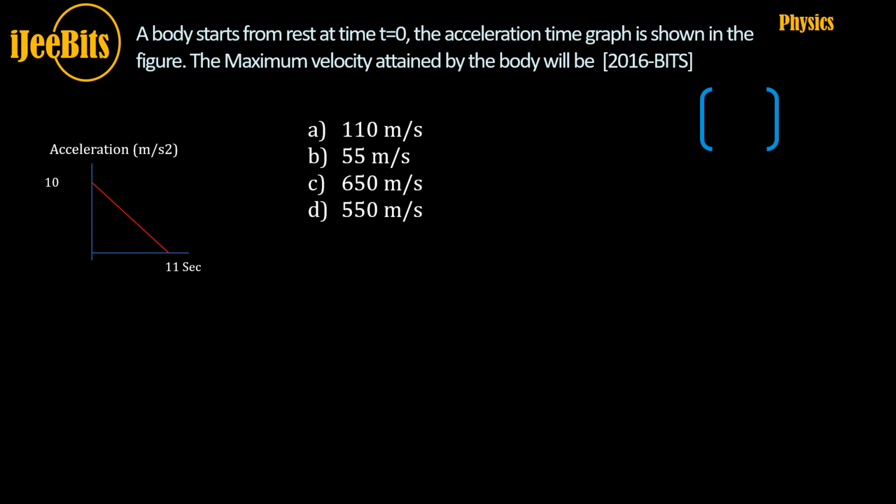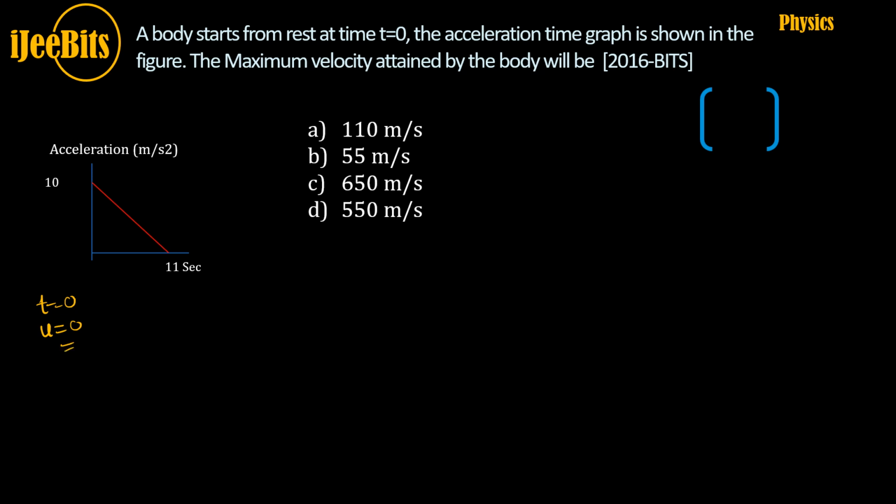First thing, a body starts at rest at 0. That means at t equal to 0, the body is at rest. So initial velocity is 0. That is what is given. Next, the maximum velocity attained by the body will be. So how do you calculate this one?